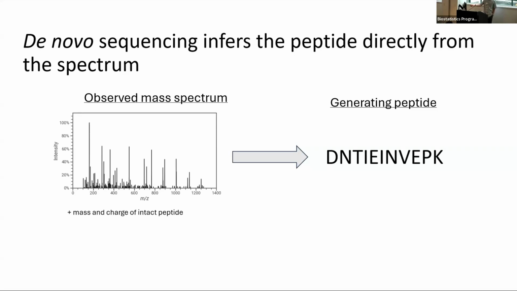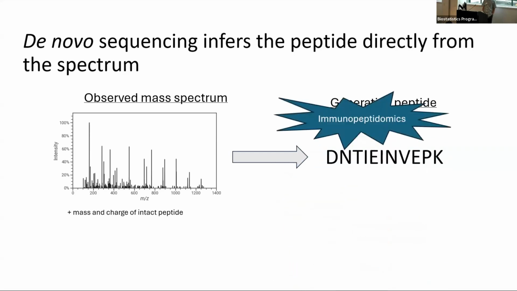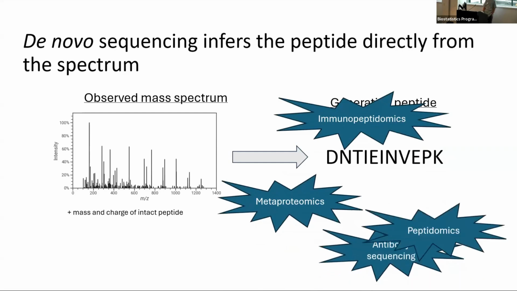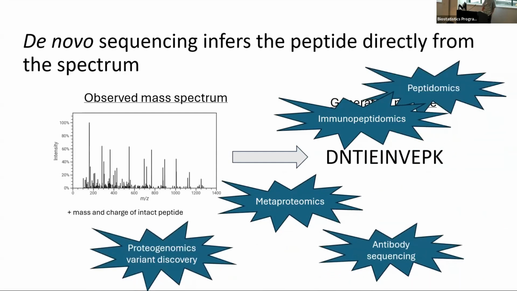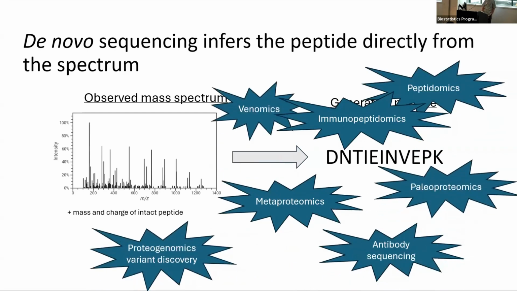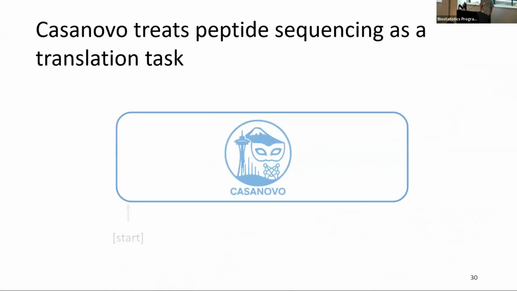You're supposed to take the observed mass spectrum on the left and predict the generating peptide on the right. And that's useful in things like immunopeptidomics, but also in metaproteomics, antibody sequencing, peptidomics, proteogenomics, paleoproteomics, and phenomics.